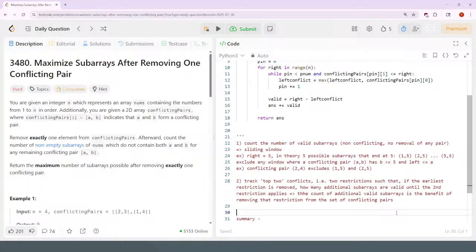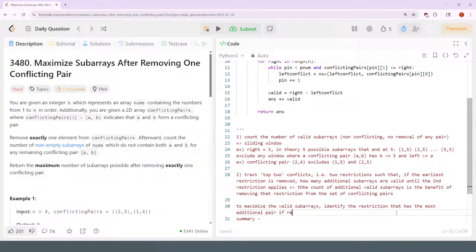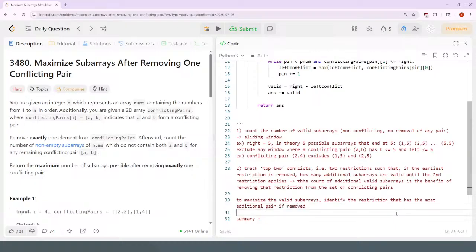And to maximize the valid subarrays, identify the restriction that has the most additional pair if removed.